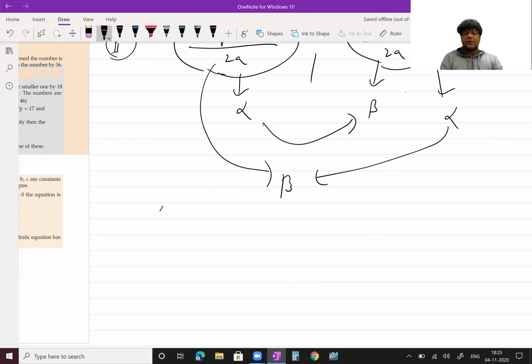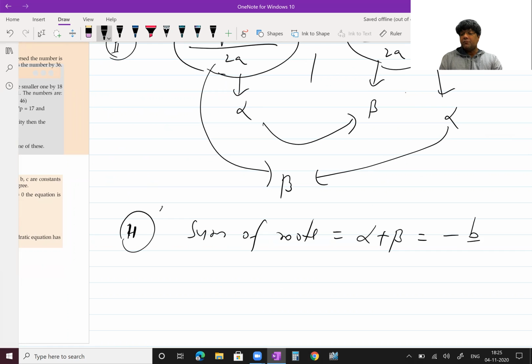So ultimately what we will say? Alpha and beta are the roots of the equation. So alpha and beta are the roots of the equation, meaning the sum of these two roots may be represented as alpha plus beta, and will always be equal to minus b by a. And the product of roots may be symbolically written as alpha beta, which is always equal to c by a.